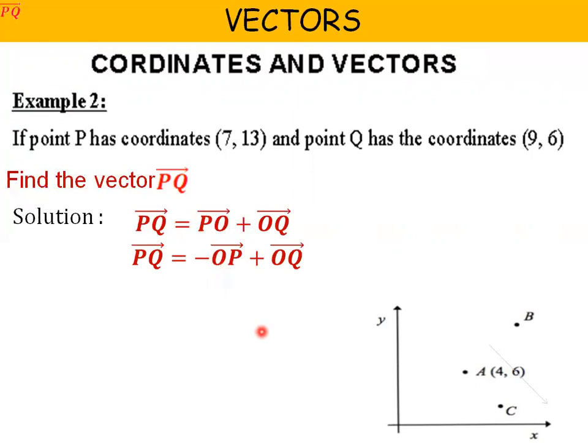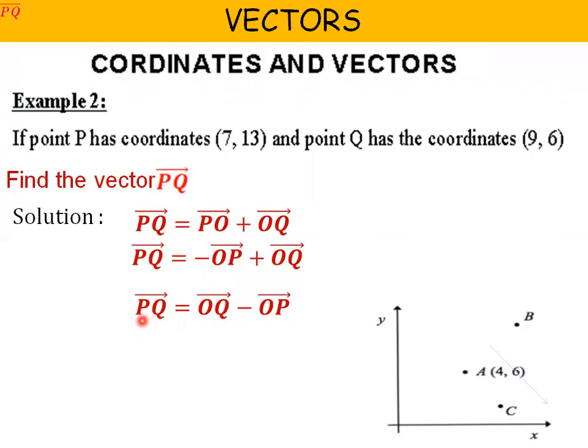If I rearrange this, I will have PQ as OQ minus OP. And OQ is the position vector that represents the coordinate of the point Q, while OP is the position vector that represents the coordinates of the point P. Take note again, Q is leading and P is behind.